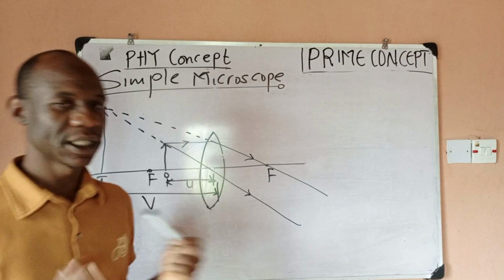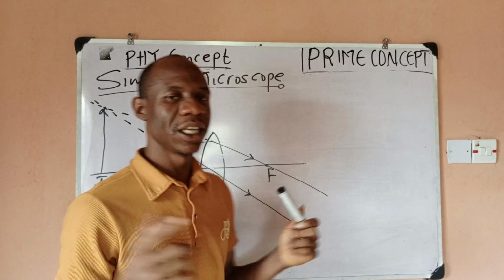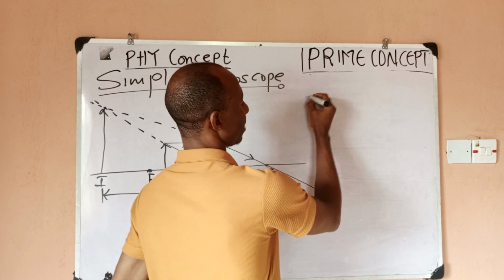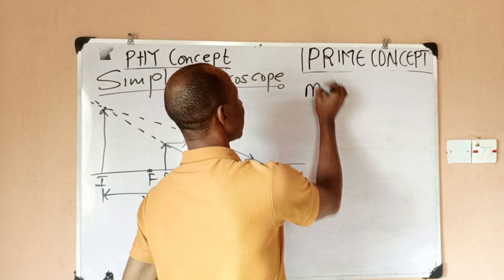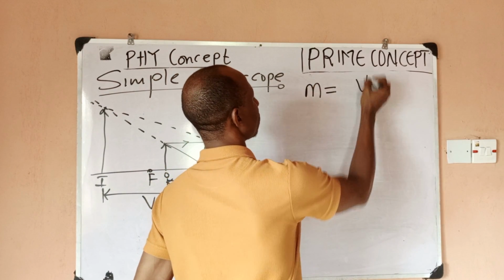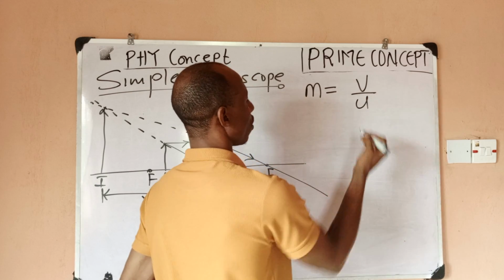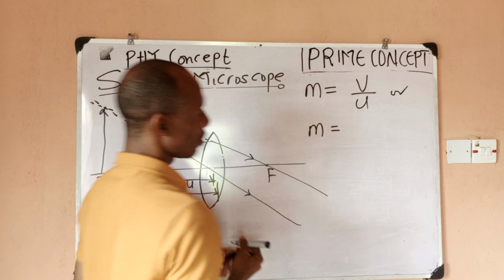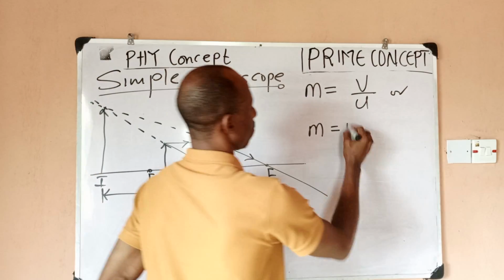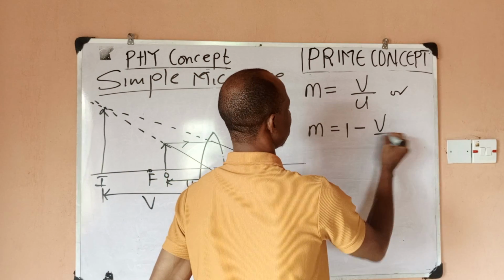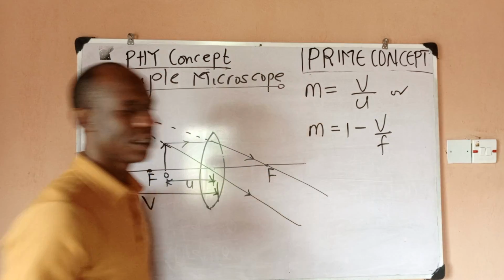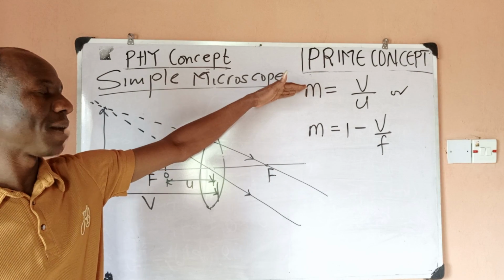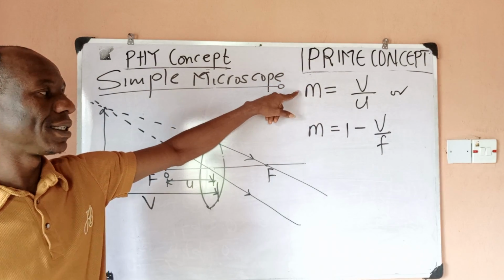We derived a relationship for magnification in one of my videos, that generally magnification for a lens is either given as m equals v divided by u, or we can say m is equal to what now? 1 minus v by f. So we derived this relationship, right? So the magnification is either this or this, right?